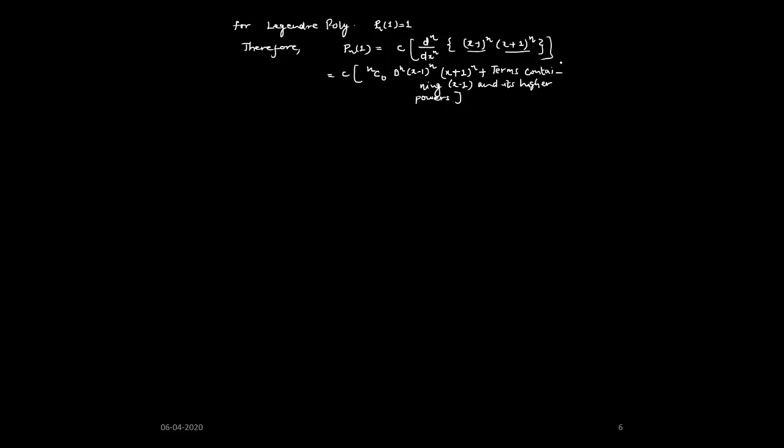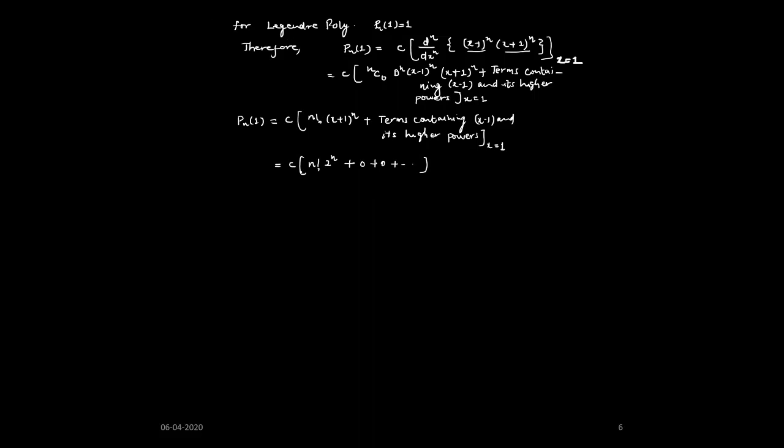So Pn1, this would be at x equals to 1, right? So this is also at x equals to 1. So we'll get Pn1 equals to this, and Pn1 is then c n factorial. So the nth derivative of x minus 1 raised to power n is n factorial, and this term is as it is, plus terms containing x minus 1 and its higher powers, at x equals to 1.